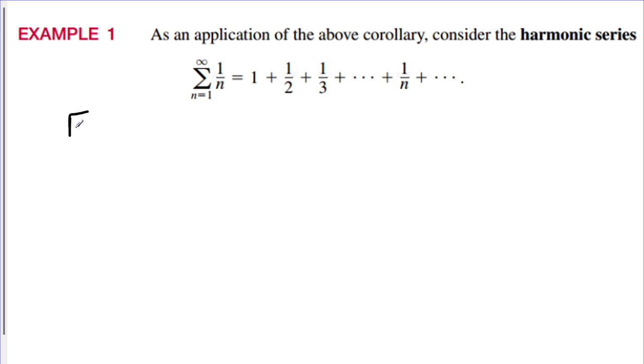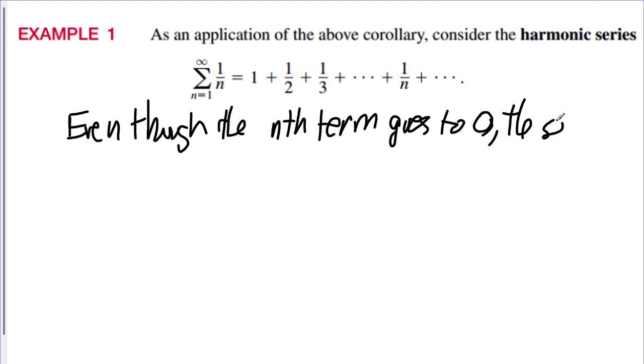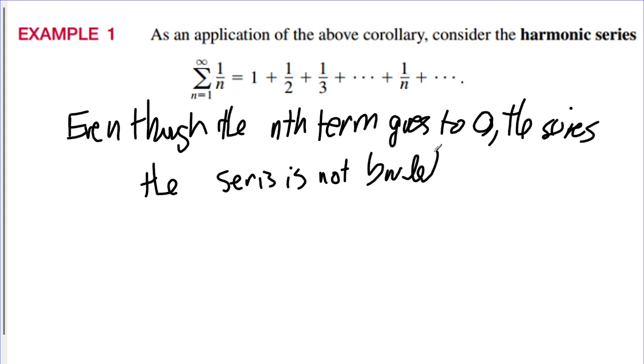So even though the nth term goes to 0, the sequence of partial sums is not bounded from above. We'll show this right now.